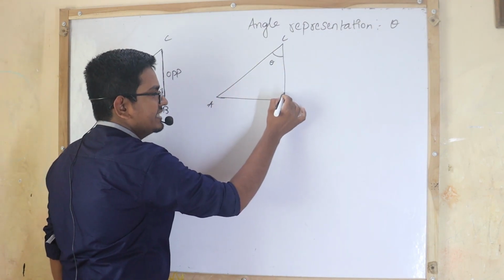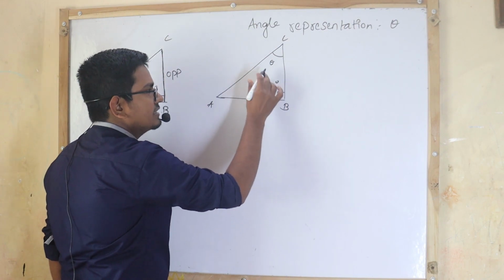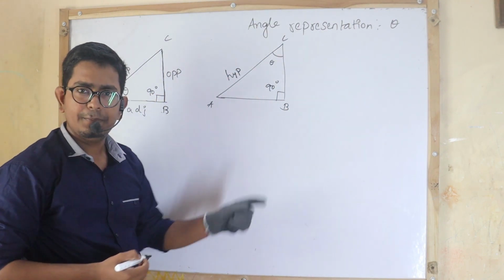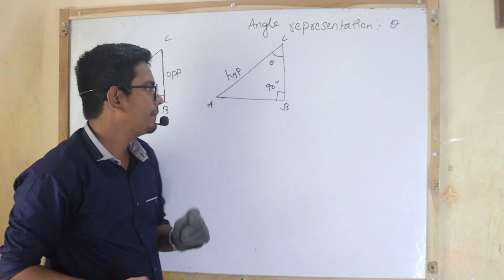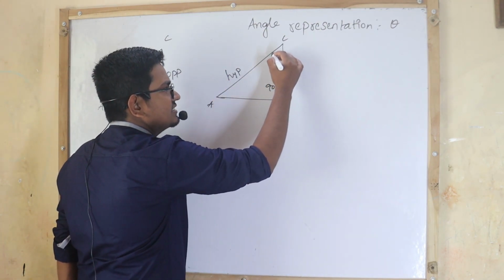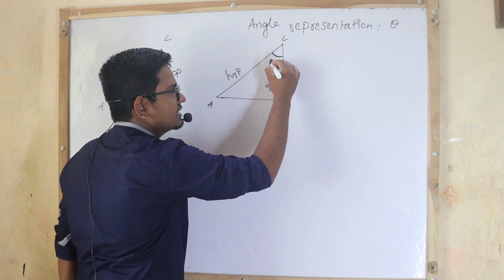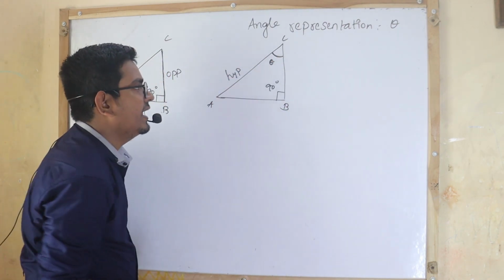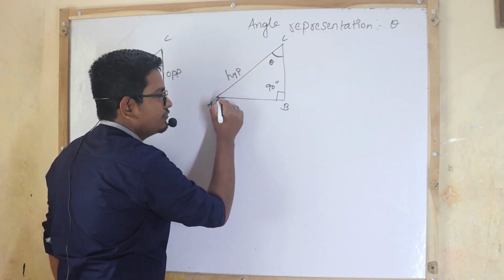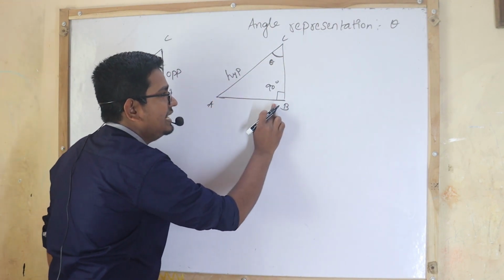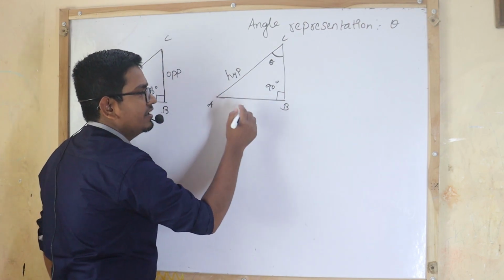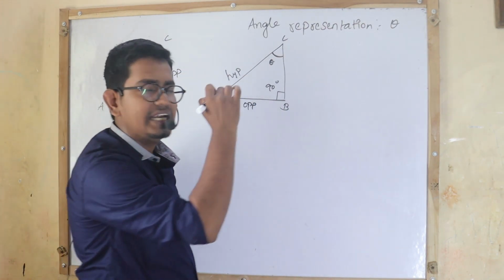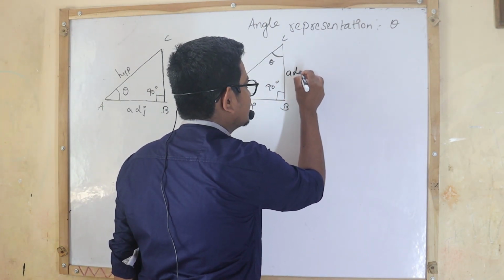It is the 90 degree, therefore this side is going to be known as hypotenuse because this side is facing 90 degree. Now as this is the angle theta given to us, or we are going to find, exactly the line which is facing the angle theta will be known as the opposite side, and the last side will be known as the adjacent side.